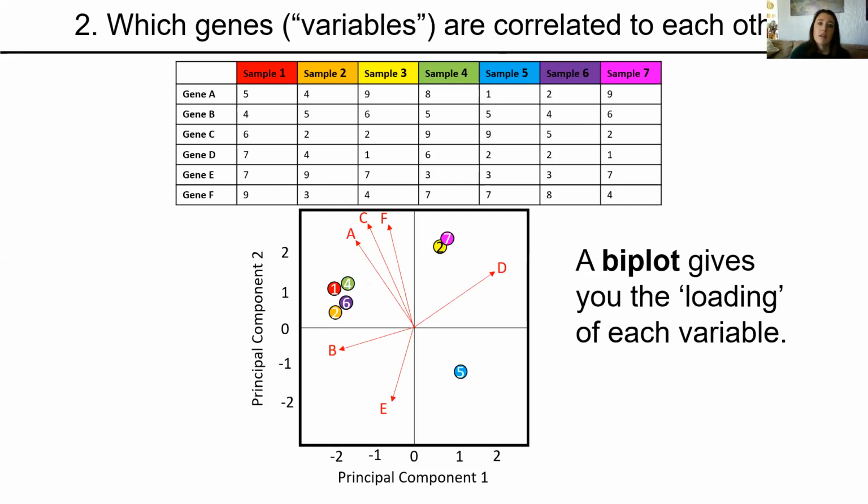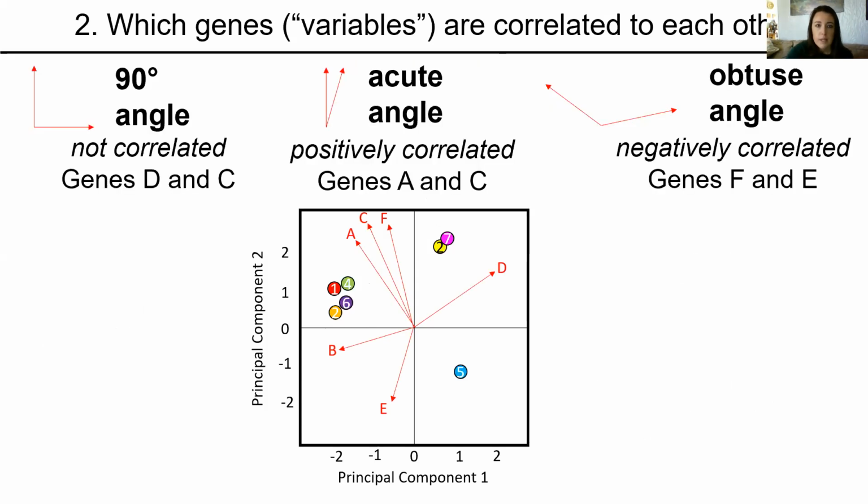Next, looking at which variables are correlated to each other, there's something called a biplot, which gives you the loading of each variable. You won't see a biplot in the paper that I've asked you to read. They're used fairly frequently and are also very easy to interpret. So in a biplot, if these 2 vector lines are at 90 degrees, that means there's no correlation.